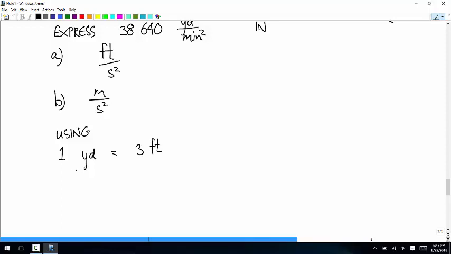And this one you might not know off the top of your head, but 1 meter is equal to 3.281 feet. And then we'll use the fact that 1 minute is 60 seconds.